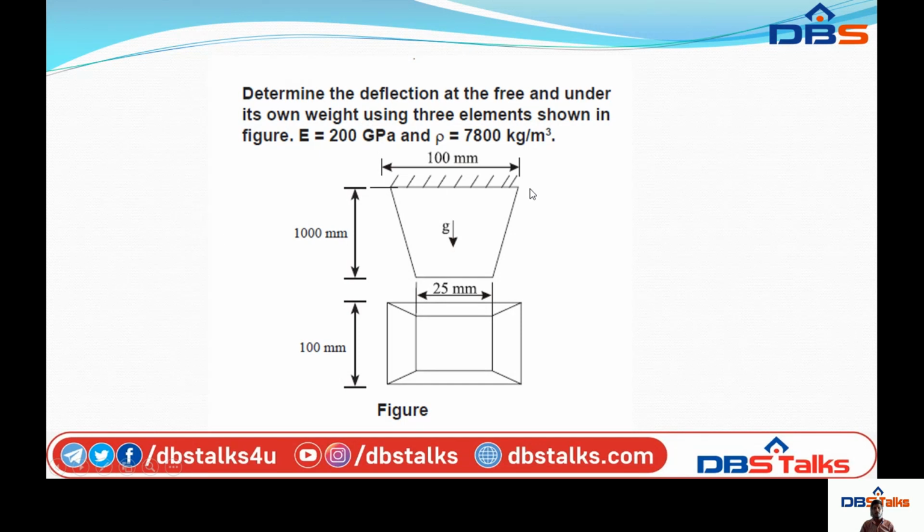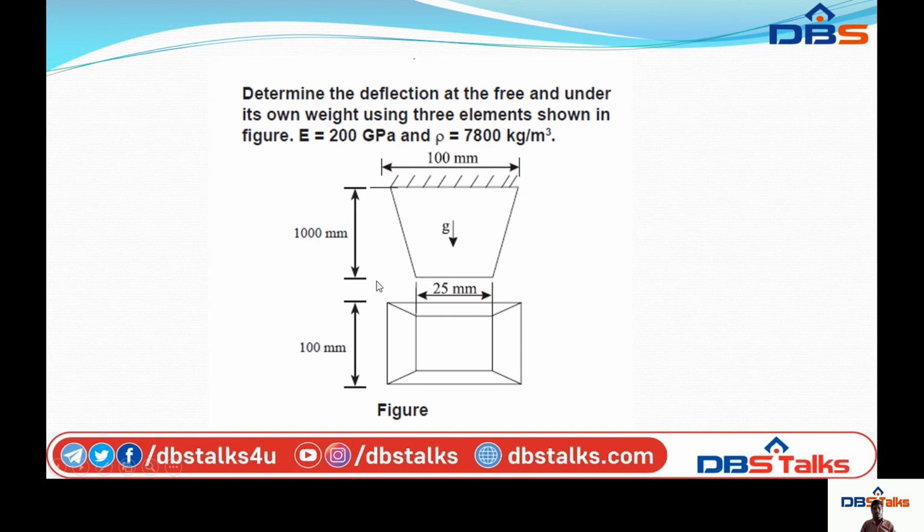Here, I'm showing the problem. Determine the deflection at the free end under its own weight using 3 elements shown in the figure, where the Young's modulus is 200 gigapascal and the density of the tapered bar is 7800 kg per meter cube.